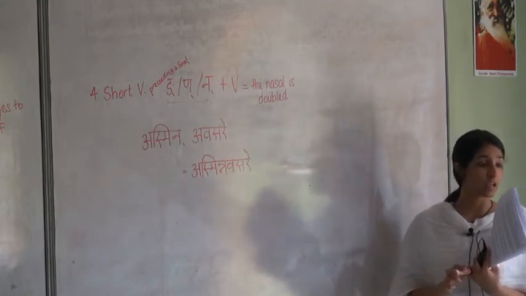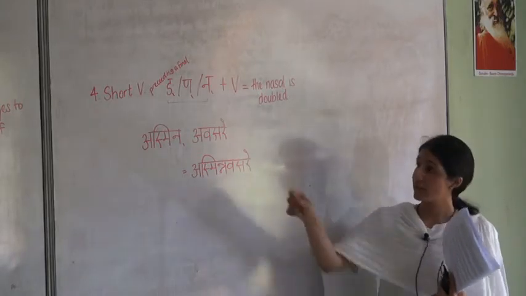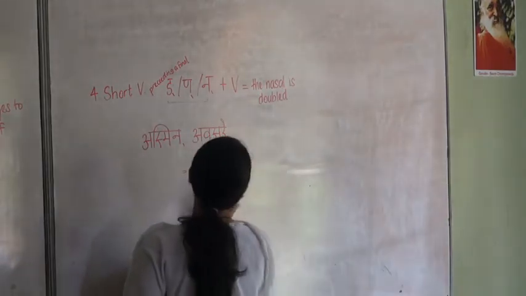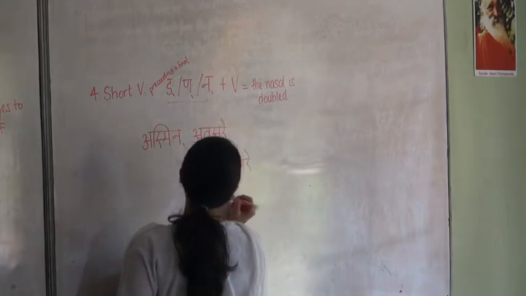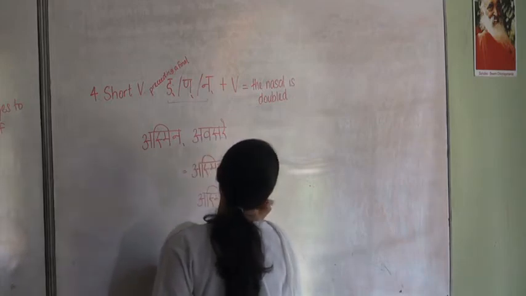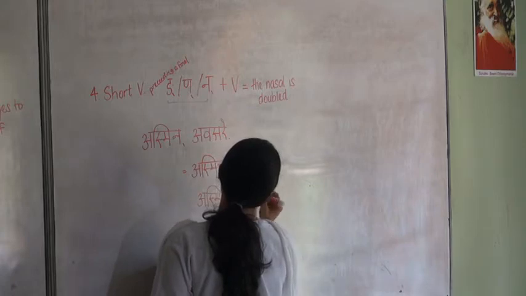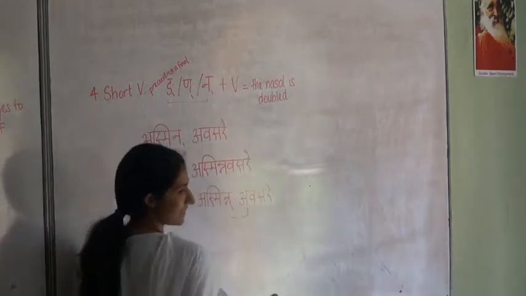Where? Here? Oh, so here what it is, it's asmin, double na halant and then a vasari. Right? So when you meet a na halant with a vowel, then it becomes that.